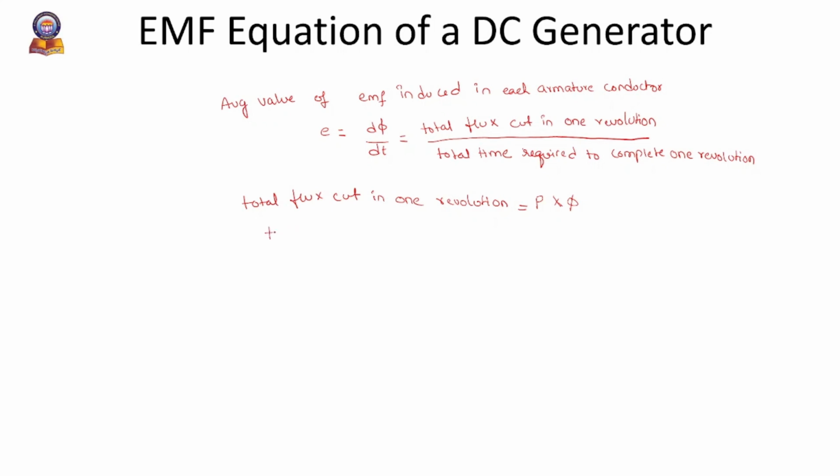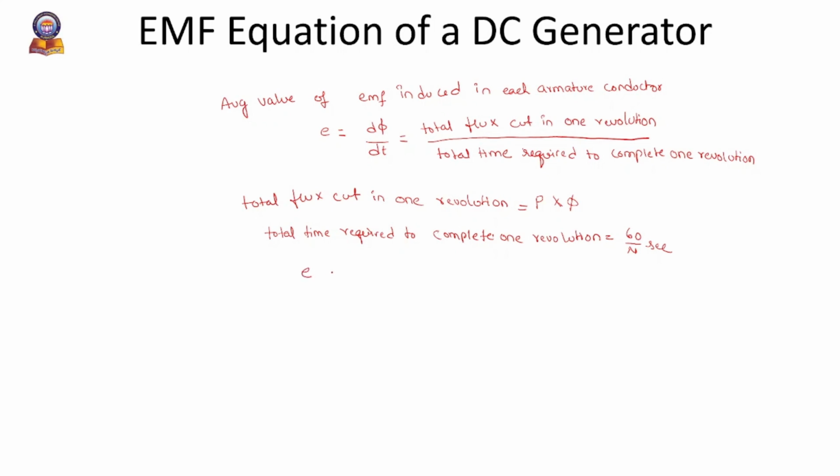Then total time required to complete one revolution is 60 by N seconds.